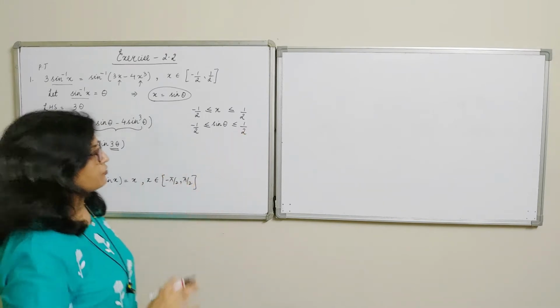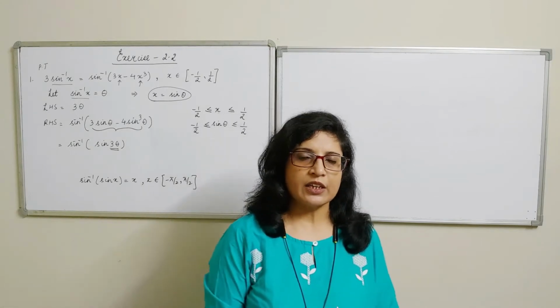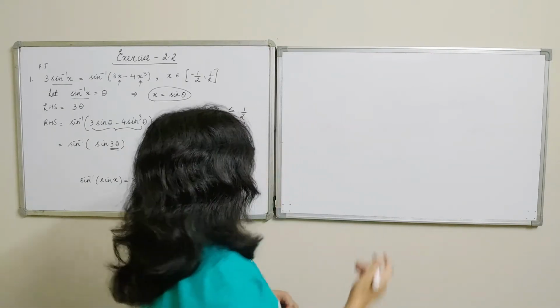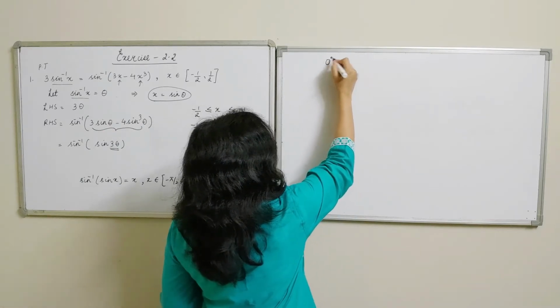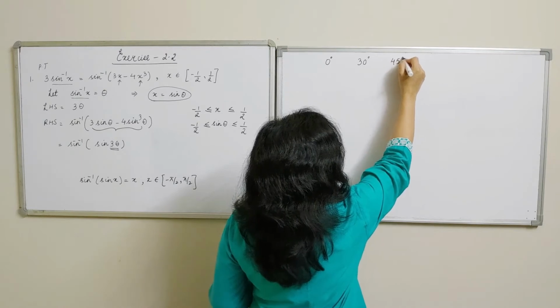Now before we proceed further, I'll just explain what is meant by increasing and decreasing trigonometric functions only in the first quadrant. So some angles that we already know, specific angles in the first quadrant.